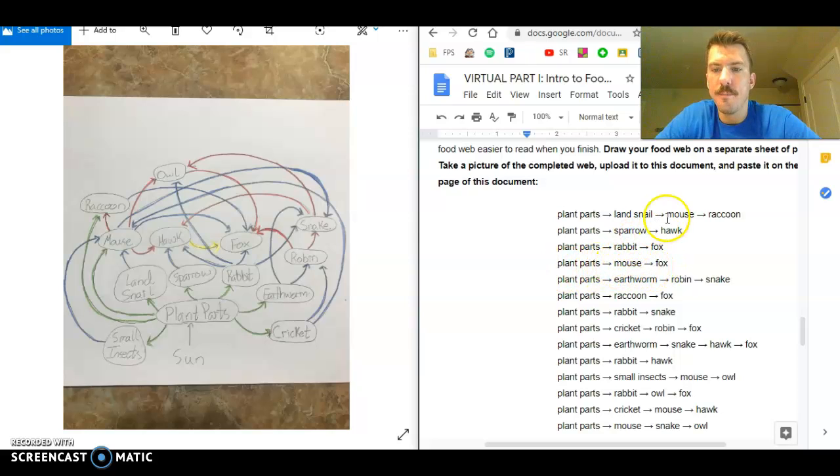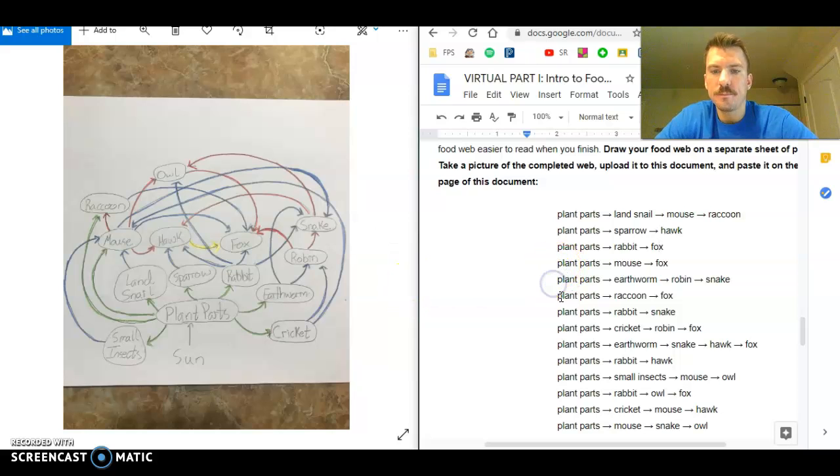I already had mouse and fox written down, so I don't need to mark them again. I just need to use my arrows. Plant parts to mouse to fox. And here's where you're going to start to see a lot more arrows being drawn.